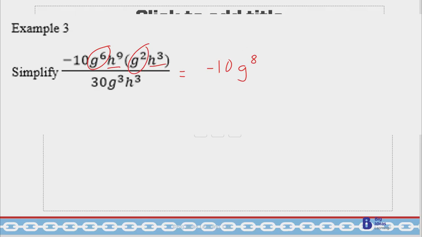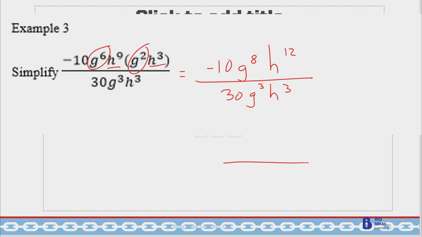H to the 9th times h to the 3rd is h to the 12th, all over 30, g to the 3rd, h to the 3rd. So now I'm going to start simplifying. I can simplify the negative 10 over 30, the g to the 8th over g to the 3rd, and the h to the 12th over h to the 3rd. Right, so we're just going to simplify like terms.